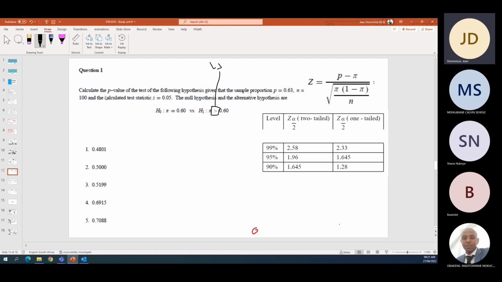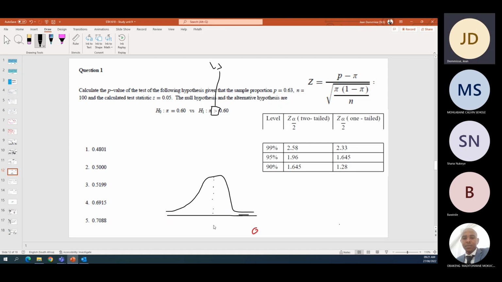Okay, so let's look at what they've been asking us. We need to calculate the p-value of a test of the following hypothesis, given the sample proportion, n, a calculated z, and the null hypothesis. So basically, what they are telling us, oof, that is a terrible representation of a normal.